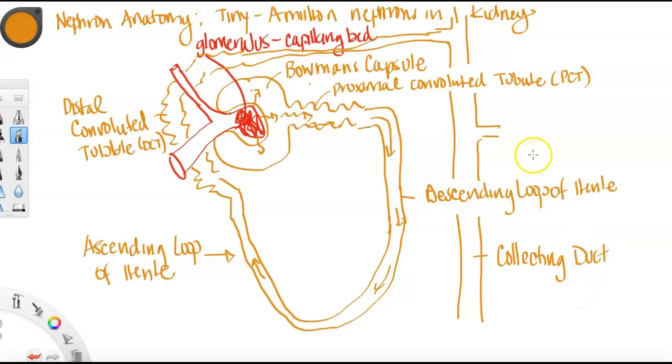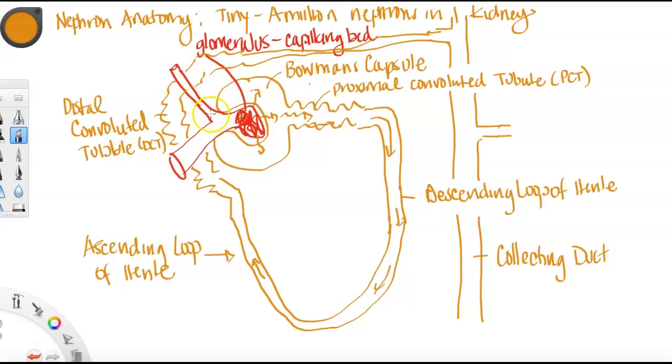The collecting duct can have more than one nephron attached to it. So there's a nephron here, a nephron there, and all the way down. Remember there's a million nephrons. So this is the general anatomy of the nephron itself.